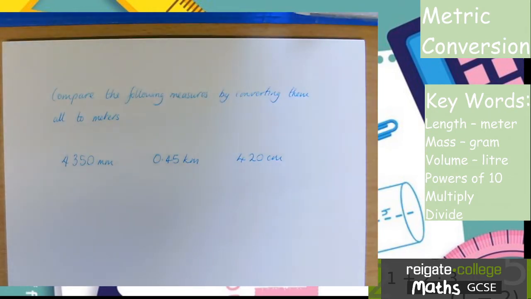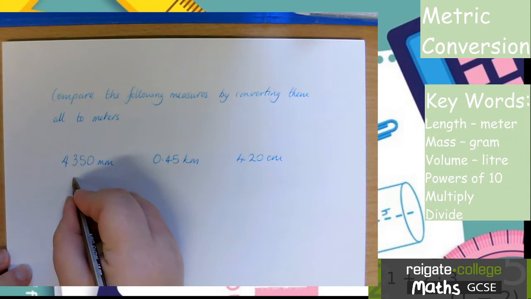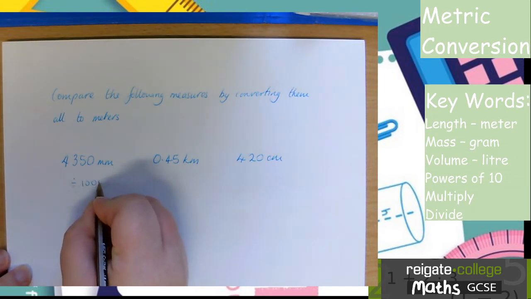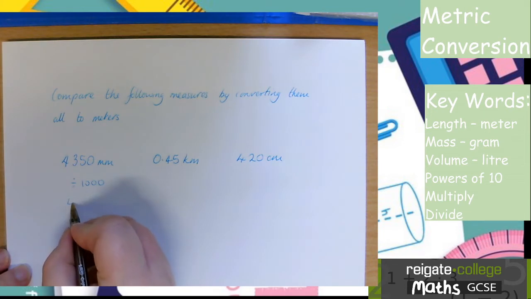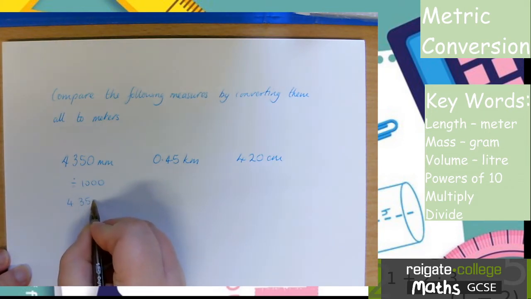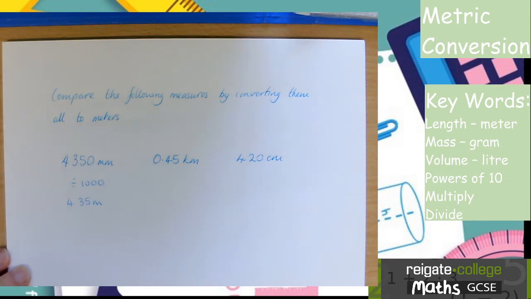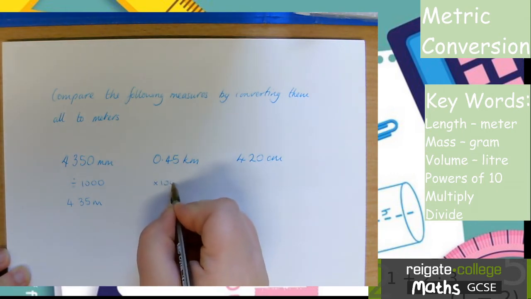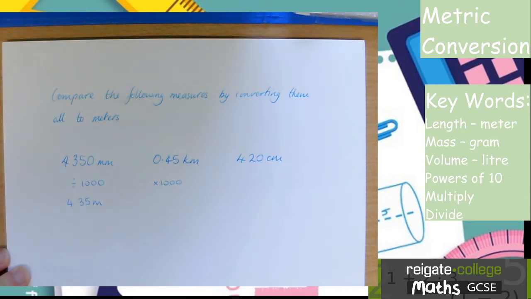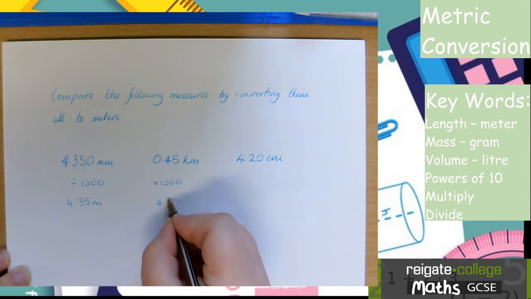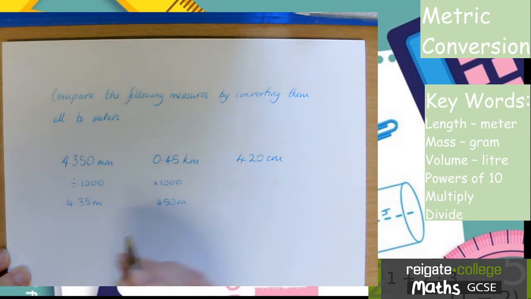If I were to compare the following measures by converting them all to metres, starting with 4,350 millimetres, I would divide this number by 1,000, which would give me 4.35 metres. 0.45 kilometres I can convert to metres by multiplying by 1,000. 0.45 kilometres is 450 metres.